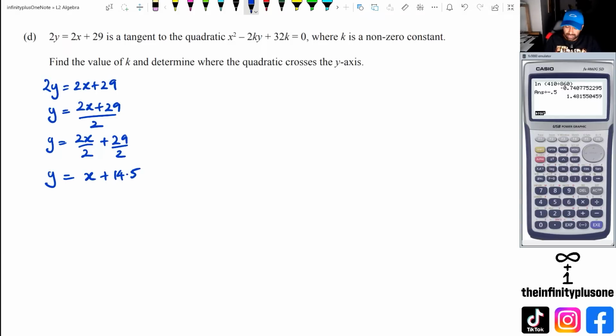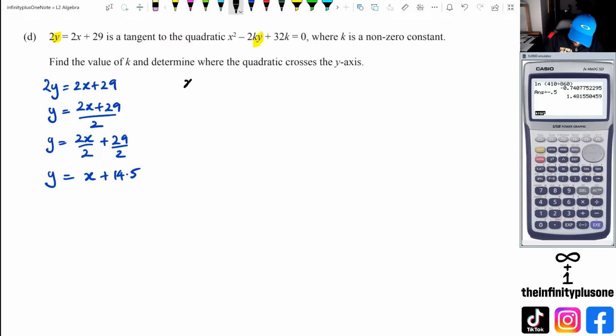The reason I did this is because I want to substitute the equation of y into that quadratic equation so I only have x's to deal with. Then I know that the discriminant has to equal 0, because I'm looking for it to cross over only once.